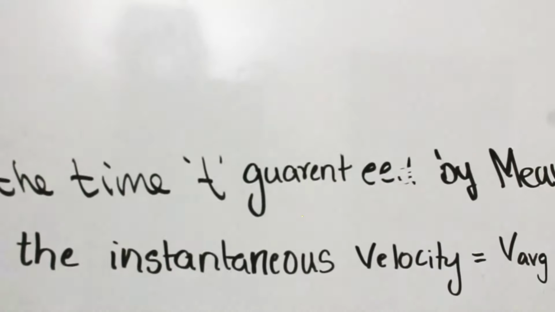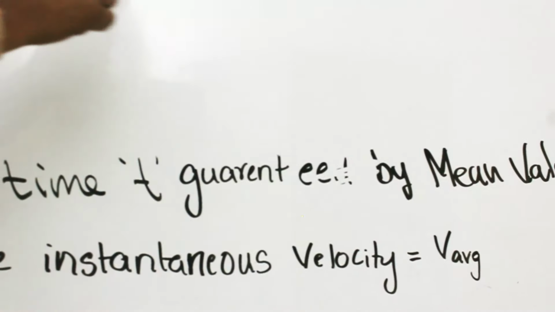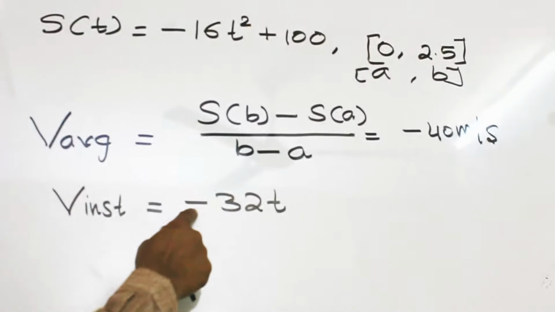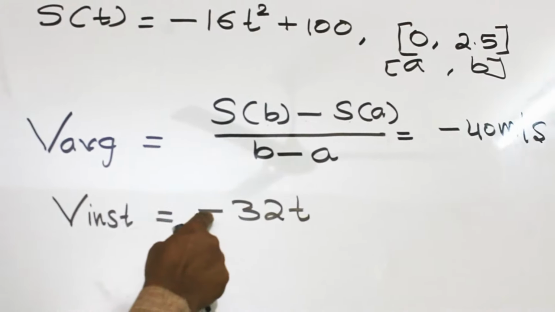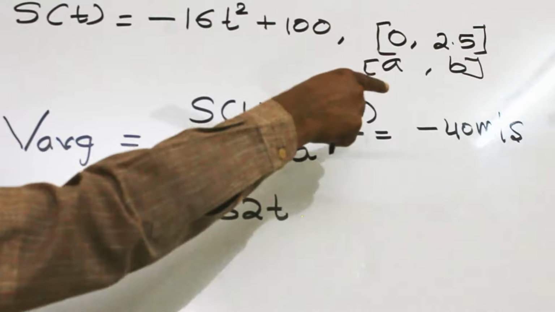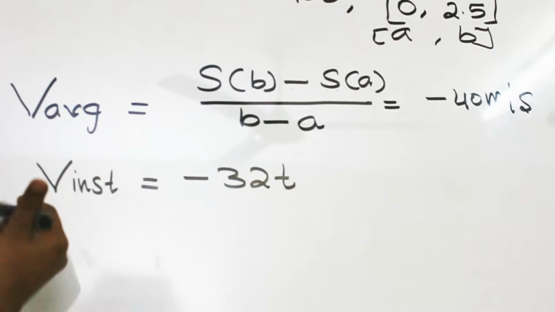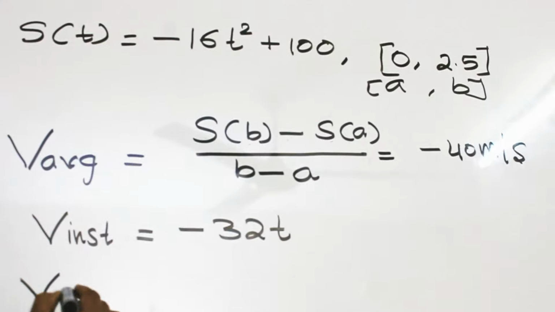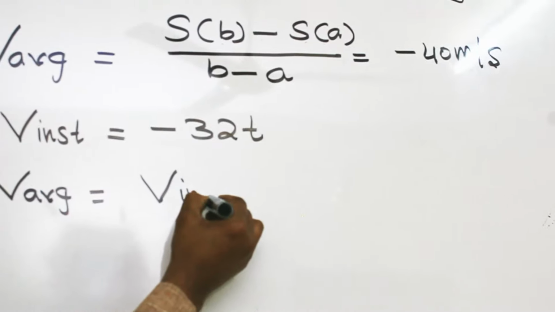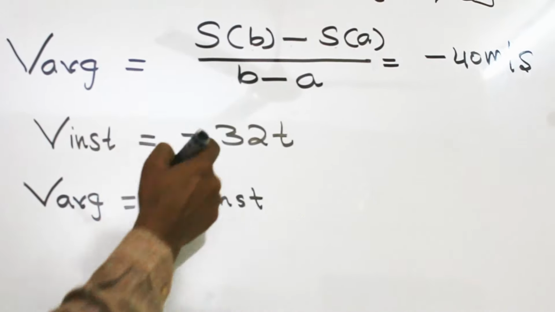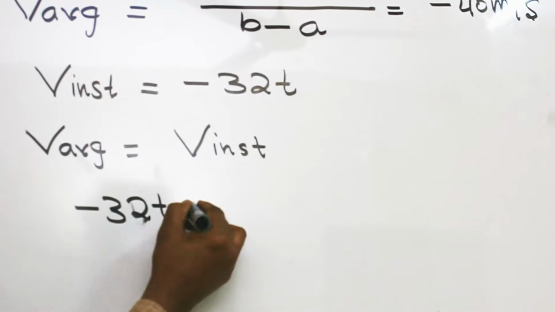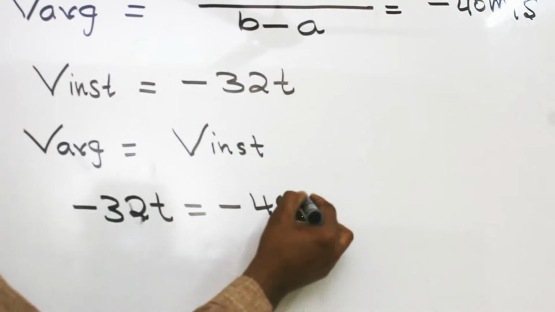The question is clear: when the instantaneous velocity is equal to the average velocity. The instantaneous velocity function we already found is minus 32 t, and the average velocity is minus 40 meters per second. So I am equating v average to v instant: minus 32 t equals minus 40.